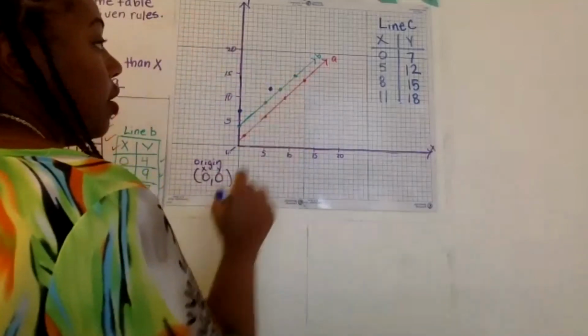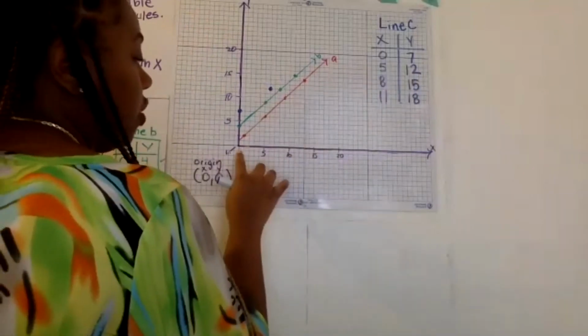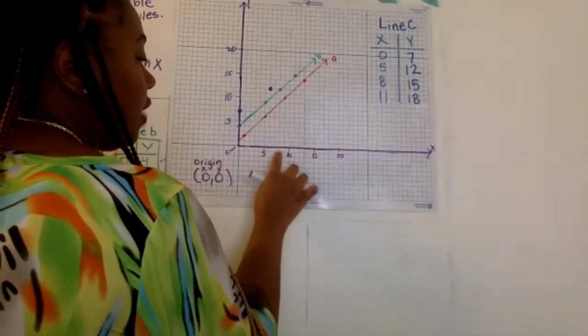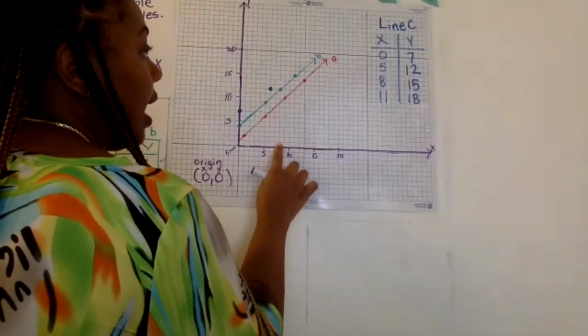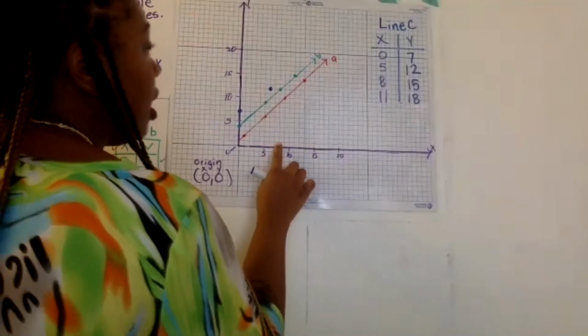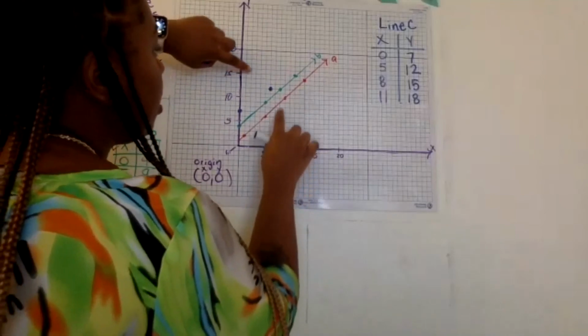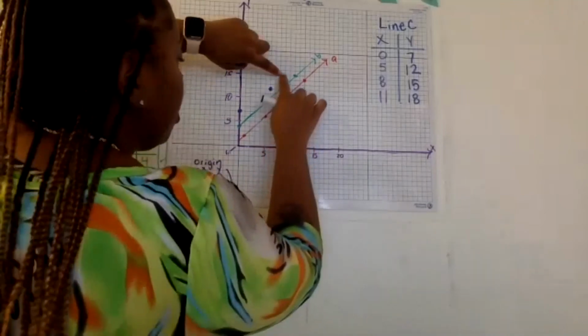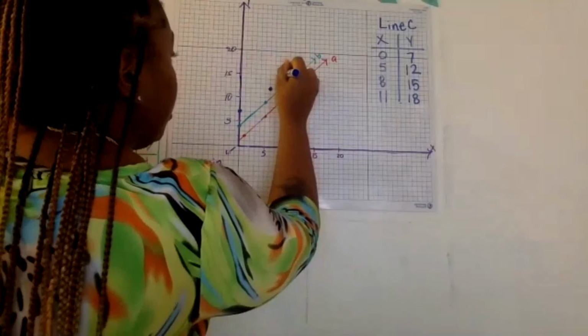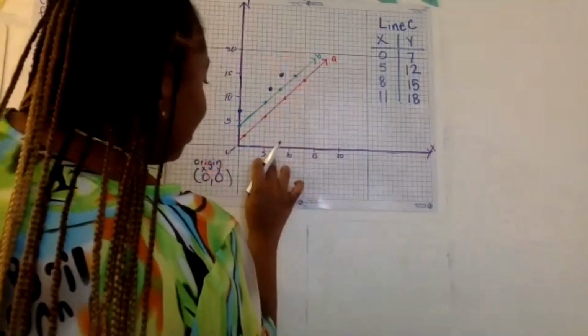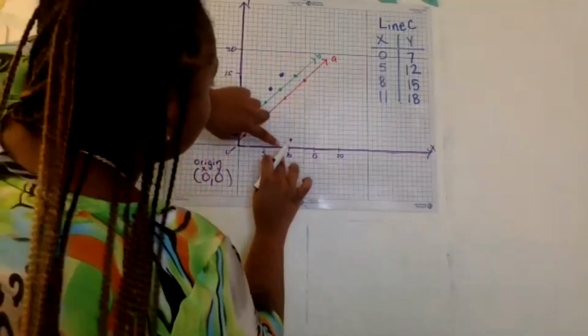Then 8, 15: I go over to 8. Here's x is 8, and where y is 15 is here. Then I trace over, and here is my point. Just make sure it's on the line.